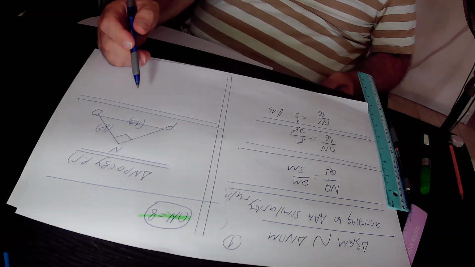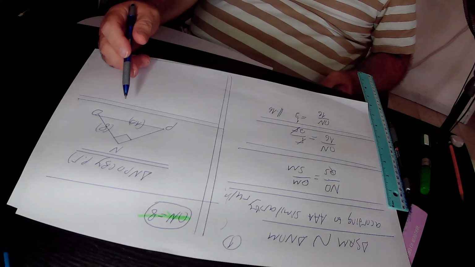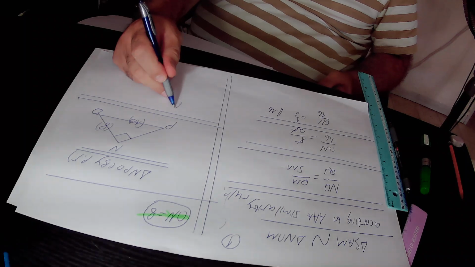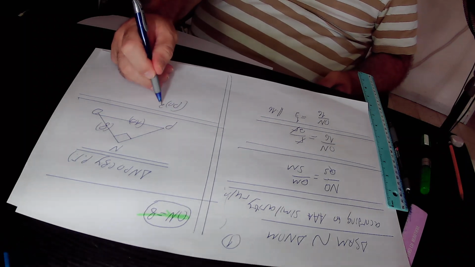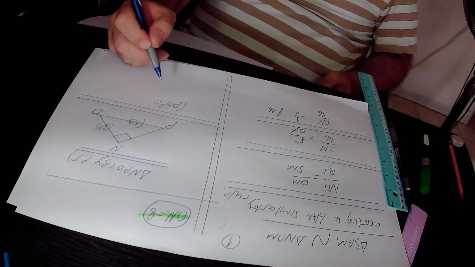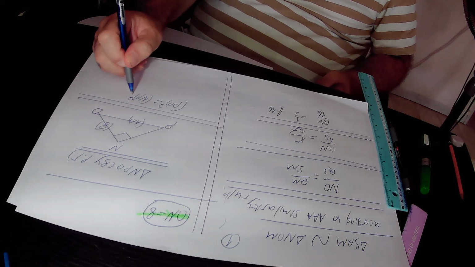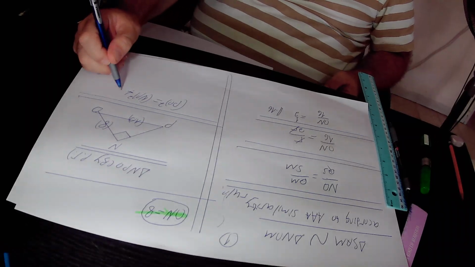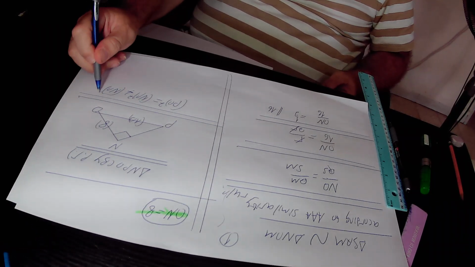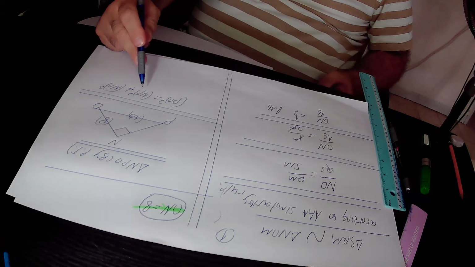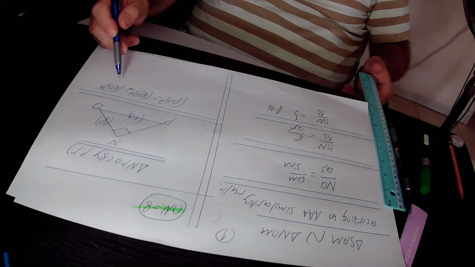In this small right triangle NPO, according to the Pythagoras theorem, PO squared, that is the square of the hypotenuse, is equal to NP squared plus NO squared.